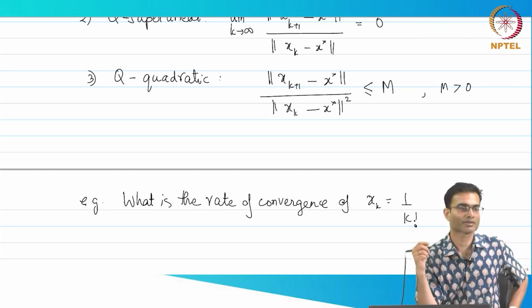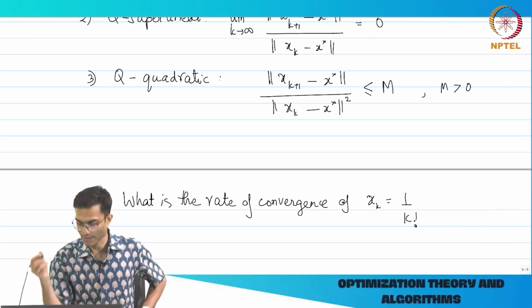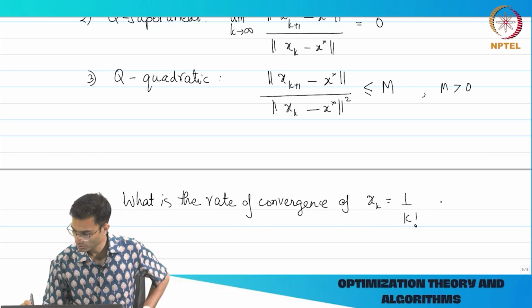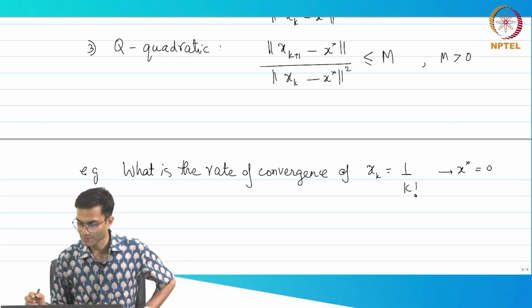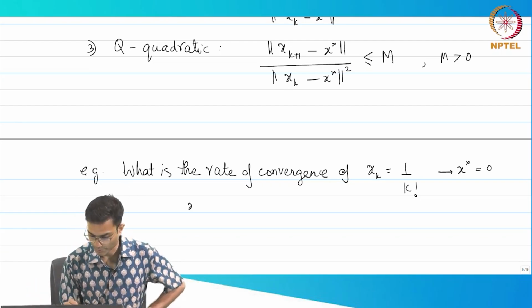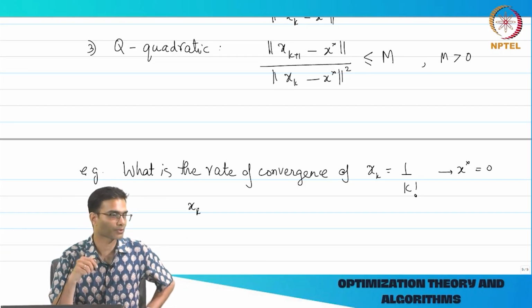So what is x star for this sequence? 0. Very intuitively, it's clear that x star is equal to 0, right? Okay. So in this case, it's a scalar sequence, not a vector sequence, so I don't need norm.